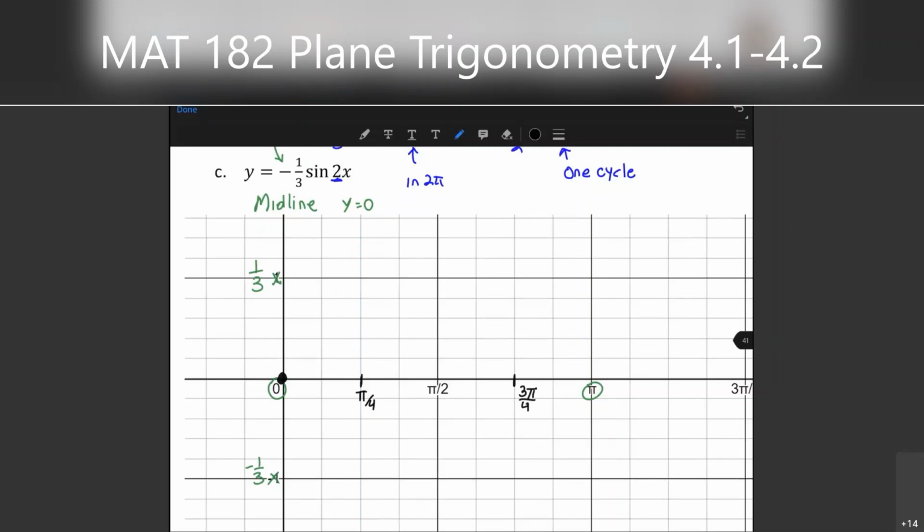In these 4 sections, I know I'm going to go decreasing first because of my negative on my sine function. So that will be down here. By pi over 2, we'll come back to 0. And then we'll hit our maximum at 3 pi over 4. And then back down to 0 in my first cycle endpoint.